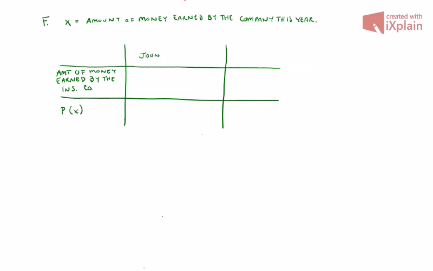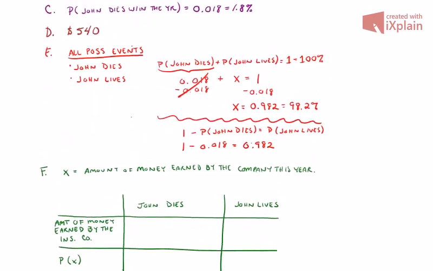And here, one option would be John dies, and as we had noted, there were only two outcomes here. John is either going to die or John is going to live. Okay. We've actually created all of this information in our previous work above.